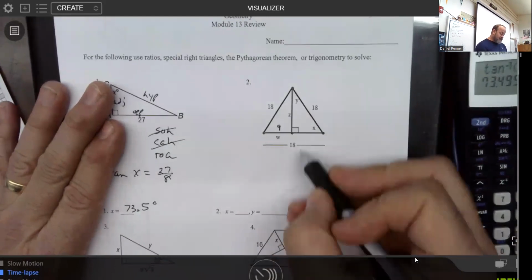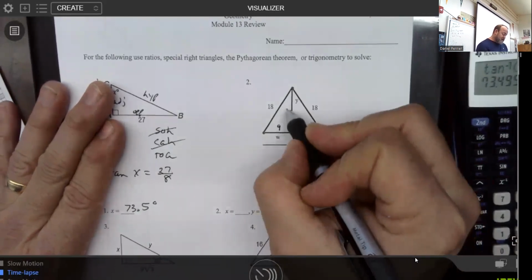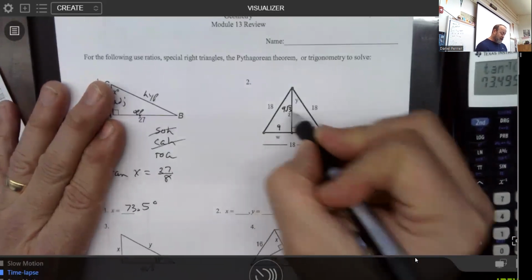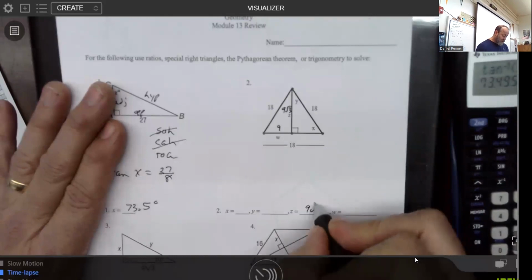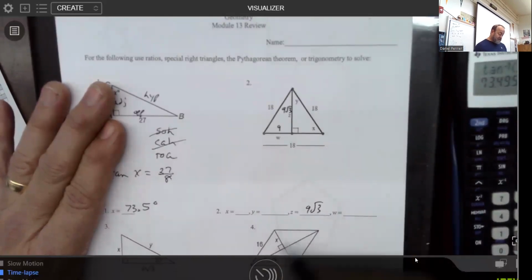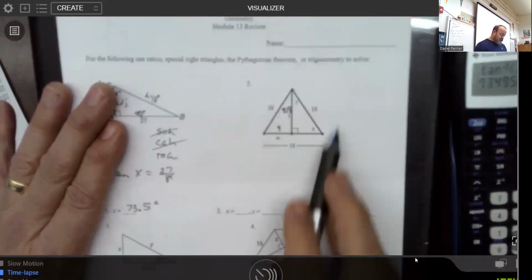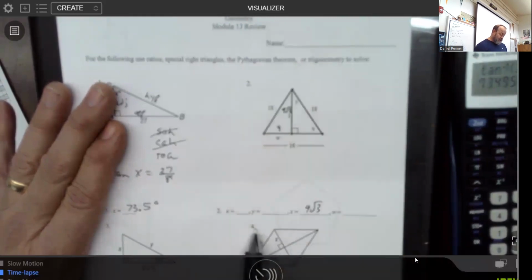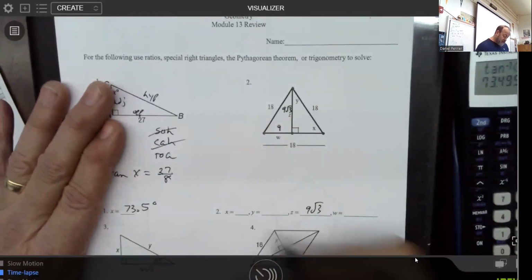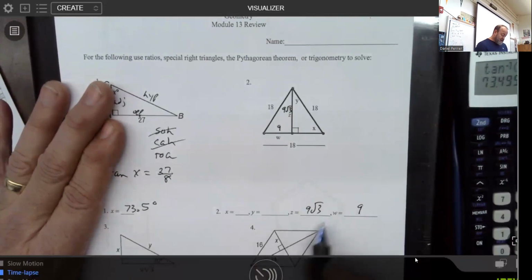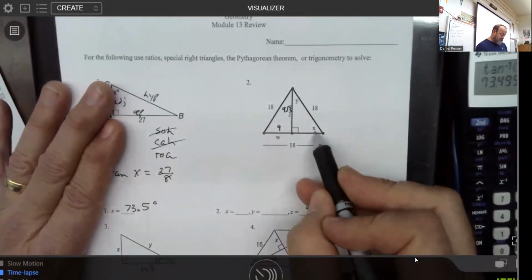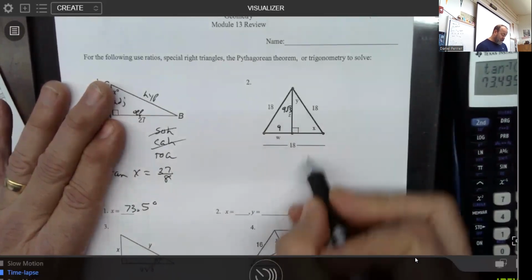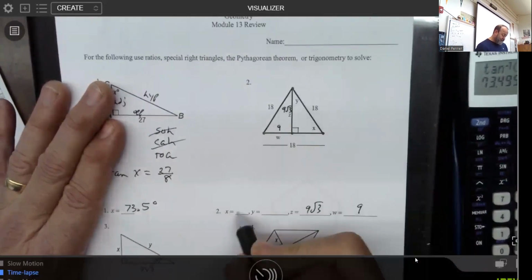And therefore, if that side is 9, that makes this z right here 9 times root 3. So I've got that. And that tells me that this was all 60 degrees. So I know that side W, let's see, was 9. That side is 9 roots of 3. And therefore, my angle X right here was 60, because if it's equilateral, all of these angles would be 60.